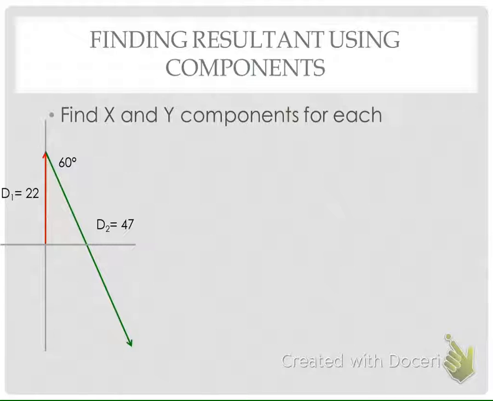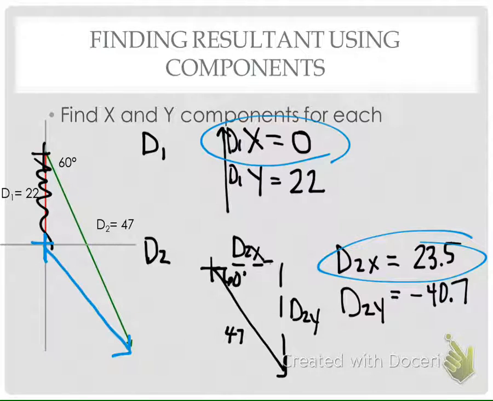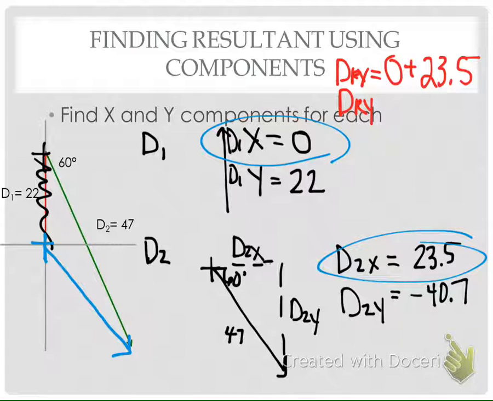So d resultant x is equal to 0 plus 23.5, and the resultant in the y direction is 22 plus negative 40.7, or 22 minus 40.7.